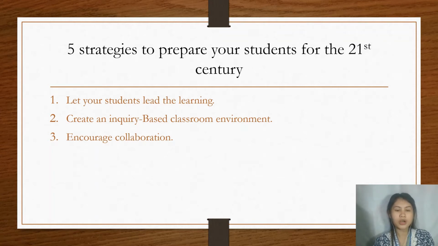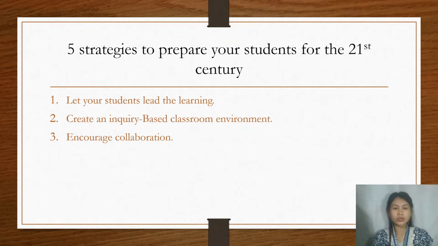Number 3, encourage collaboration. After an inquiry, find every opportunity to allow students to form pairs and small groups. Not only does this encourage the development of speaking and listening skills, but it also teaches the student how to effectively achieve goals together.